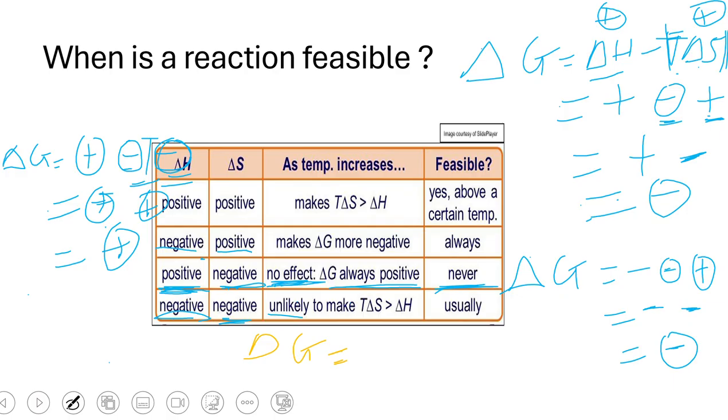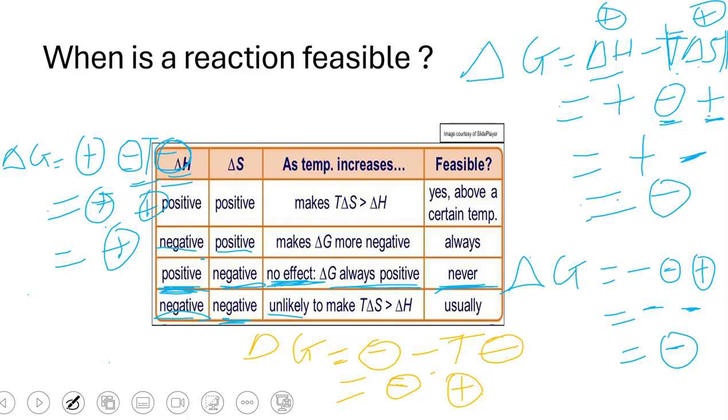So if delta H is negative, minus T and then delta S is also negative, this will be the negative value, and this time this will give you a positive value.